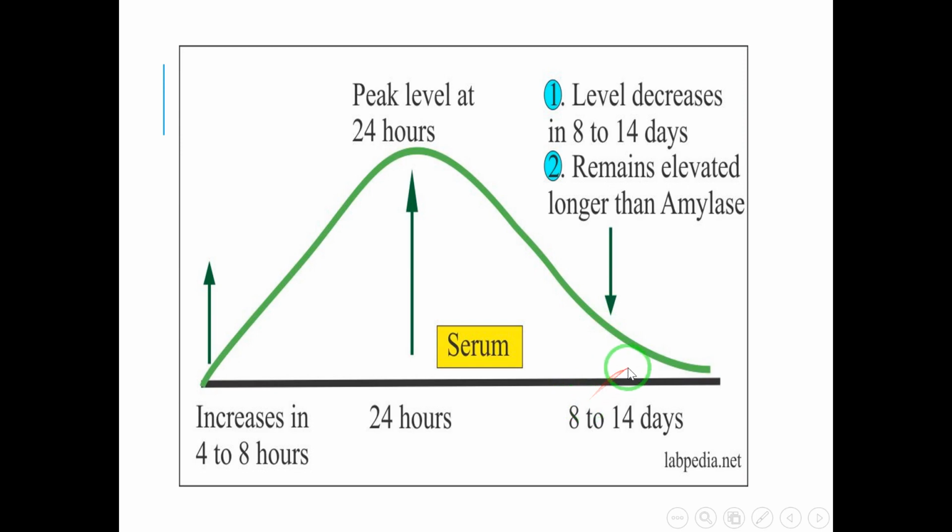So if we measure the lipase after 3, 4, 5 days, it also remains elevated, while the amylase returns to normal after 3 to 4 days. So it is better for the diagnosis in case of late presentation of acute pancreatitis. We can combine them, or if from the history the patient presented late, we can depend on the lipase with other radiological and other markers of disease.